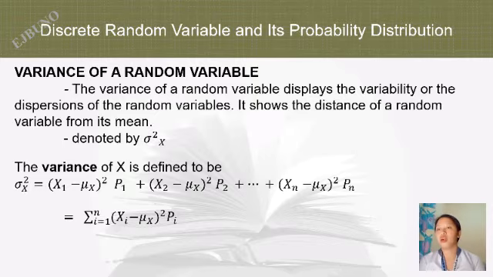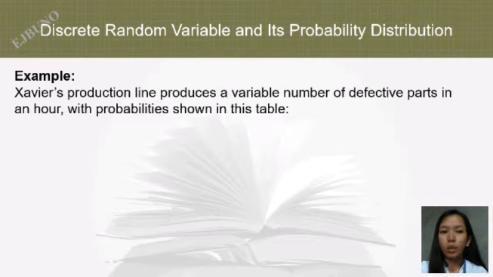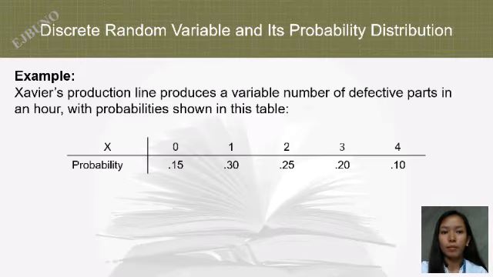We have 1 as the lower limit and n as upper limit. So, let us first have an example of calculating the mean or the expected value and the variance of a random variable. Saver's production line produces a variable number of defective parts in an hour with probabilities shown in this table.